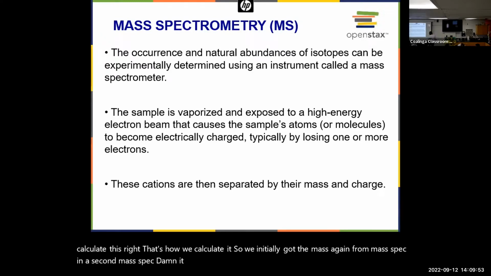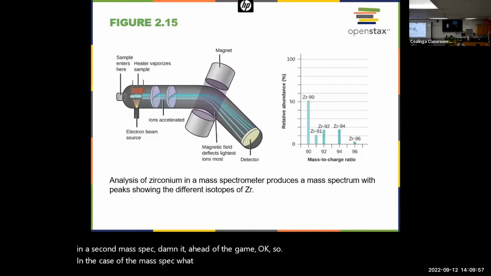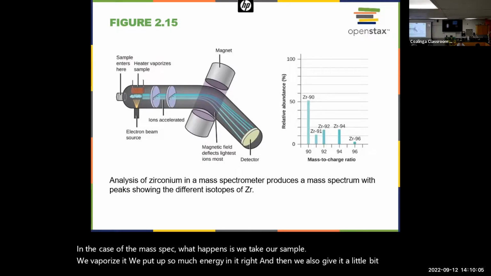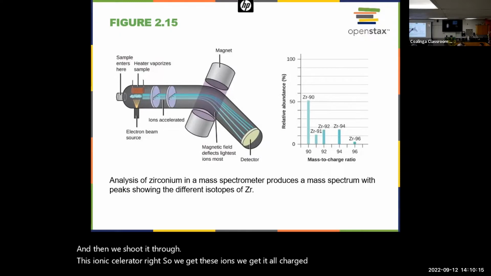Okay, so in the case of the mass spec, what happens is we take our sample, we vaporize it. We put so much energy into it, and then we also give it a little bit of charge. Then we shoot it through this ion accelerator, so we get these ions all charged up, and put them in a magnetic field.